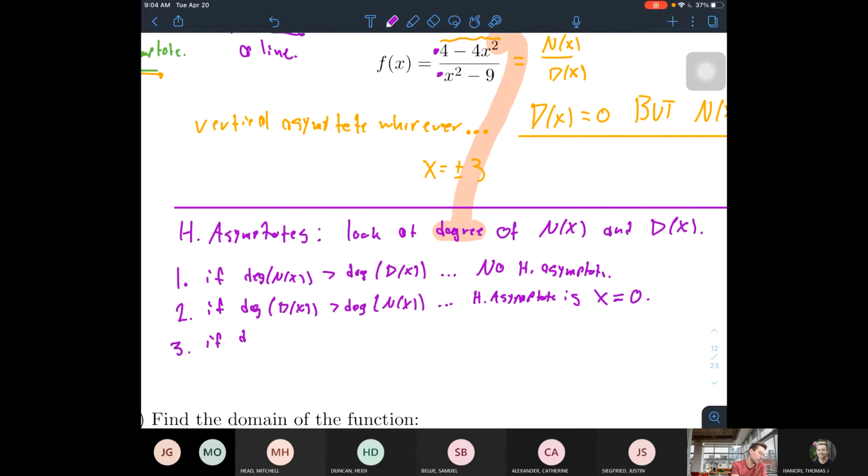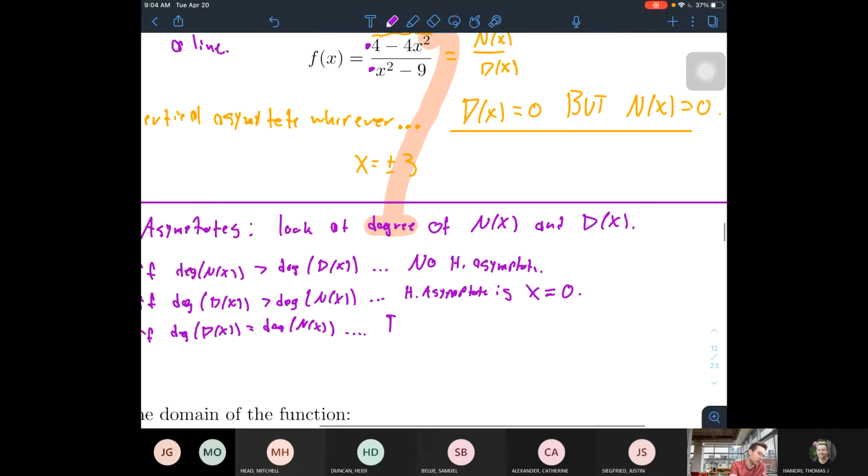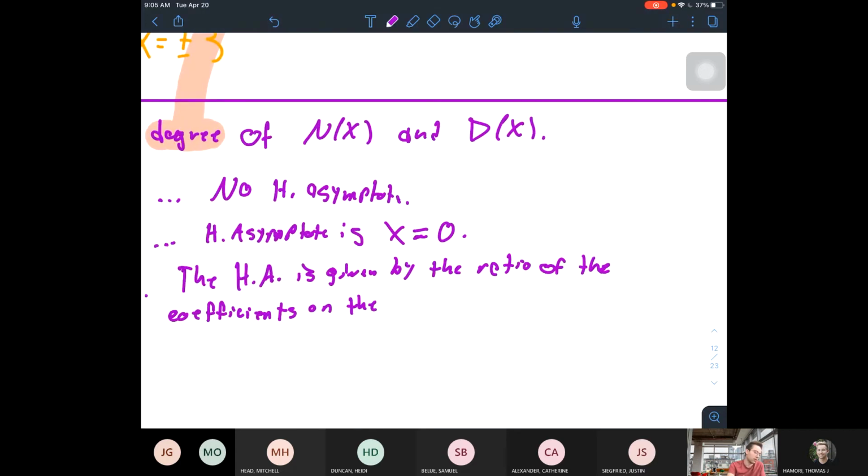And finally, case 3: if the degrees are equal, the degree of the denominator is equal to the degree of the numerator, the horizontal asymptote is given by the ratio of the coefficients on the leading terms of n of x and d of x.